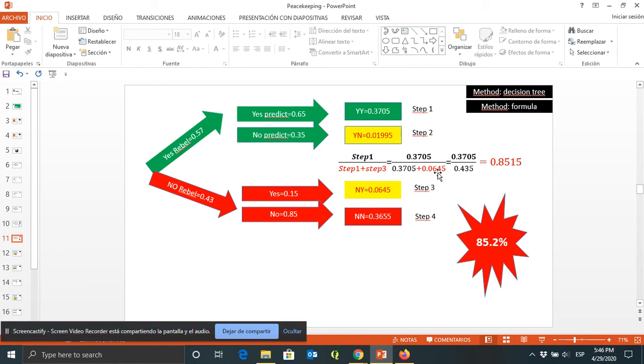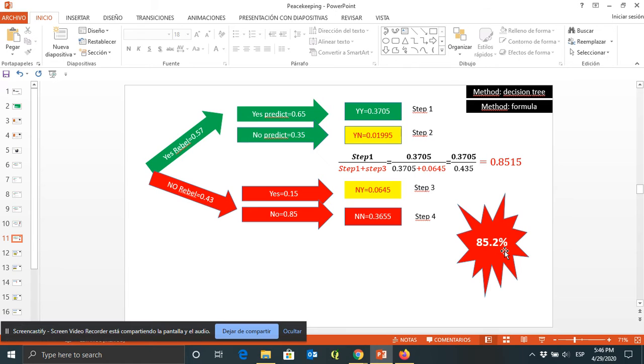If we add these two numbers, we get 0.435. And if we divide 0.3705 over 0.435, we also get the result, which is 0.8515, or roughly 85.2%.